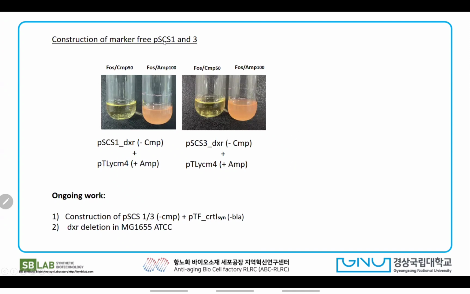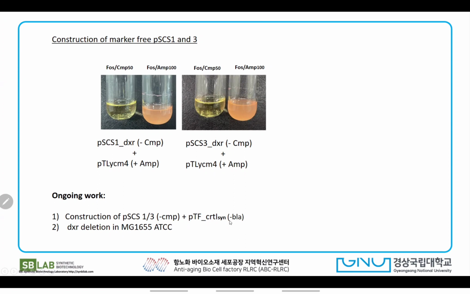For the remaining PSCS1 and 3, following the same protocol, we have already acquired the plasmids for PSCS1 DXR with chloramphenicol removed and PSCS3 DXR with chloramphenicol removed. Ongoing is the construction of PSCS1 and 3 along with the PT phytofluin BLA.